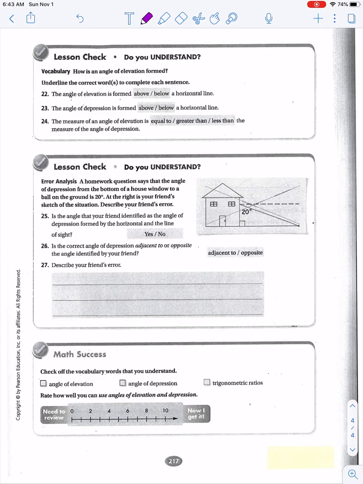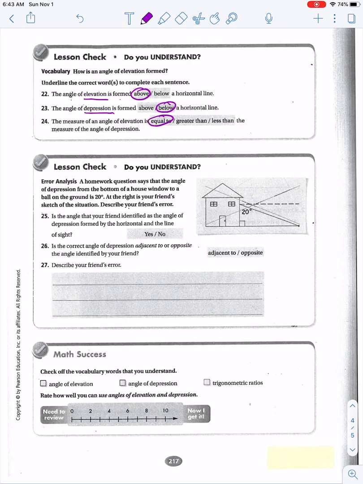Some review questions. The angle of elevation is formed above or below a horizontal? Well, if you're elevating, it's above. Angle of depression, so depression is going to be below the horizontal line. And the measure of the angle of elevation is the measure of the angle of depression? Well, that's equal to.